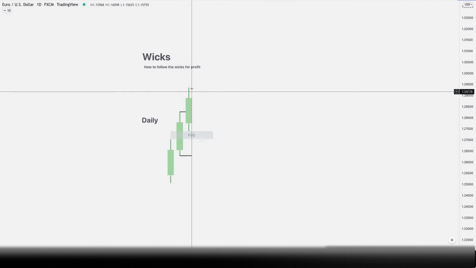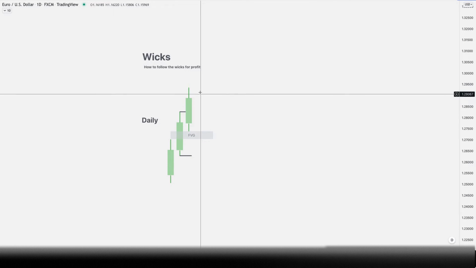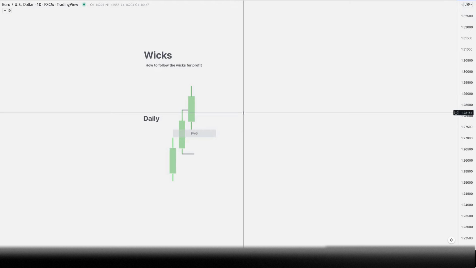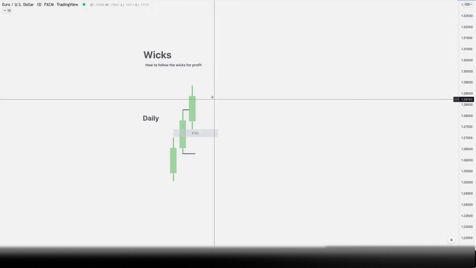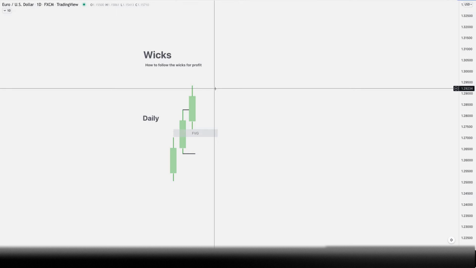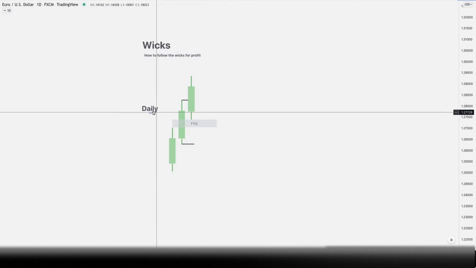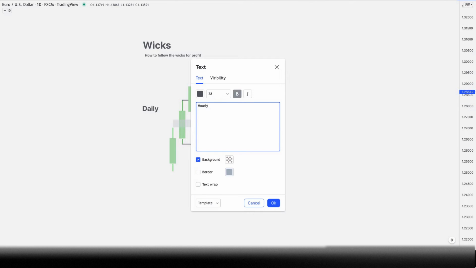When price decides, for instance, inside of price action here, not to respect this wick, the daily or the 4 hour or the 1 hour will break its internal structure. It will break its internal structure. So I'm going to go here and we're going to go hourly.